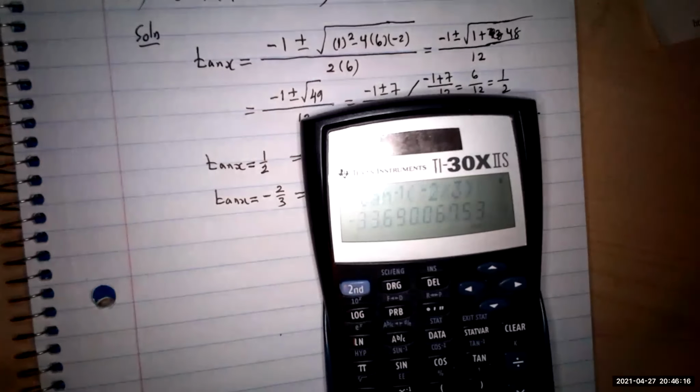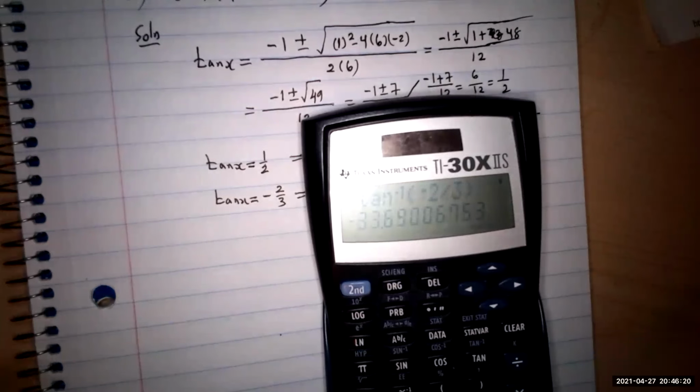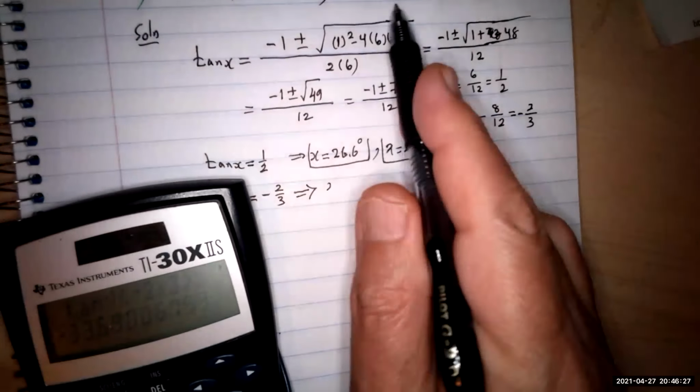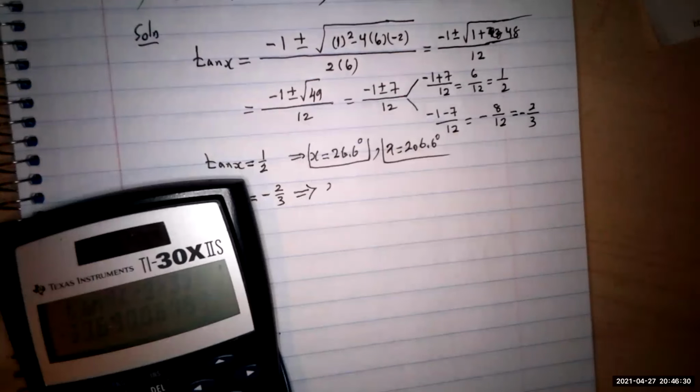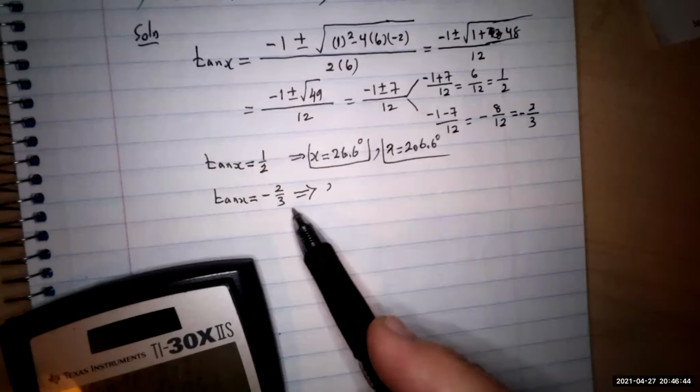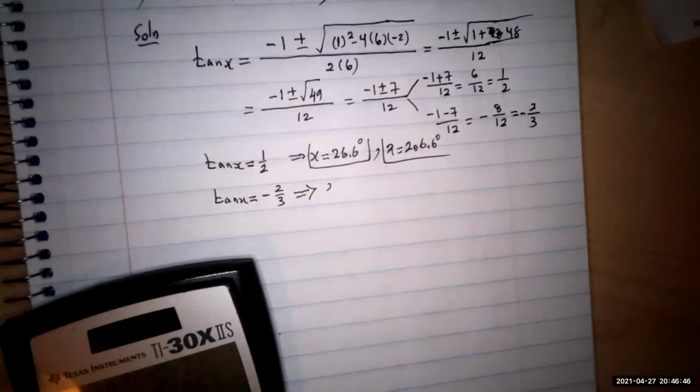Okay, the angle is going to be -33.69, -33.7, we can call it. But since we want to be between 0 and 2π, because the tan inverse domain is between -π/2 and π/2, that's why you get this negative number with your calculator.